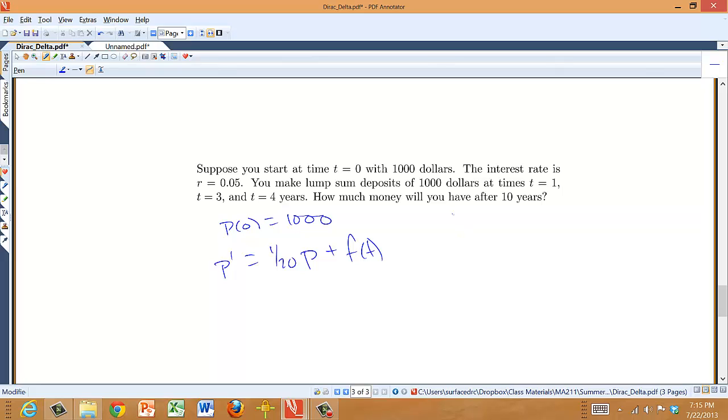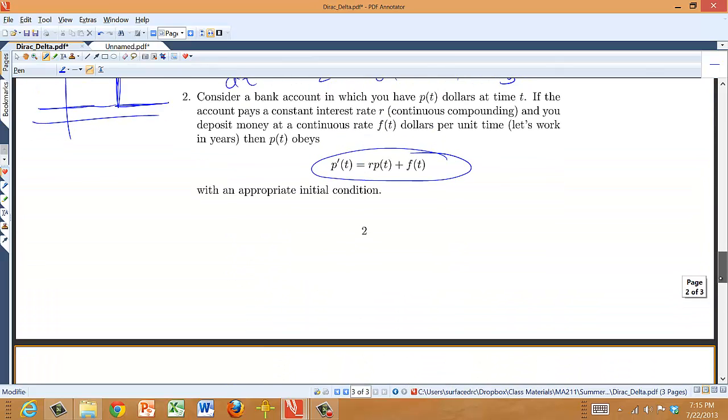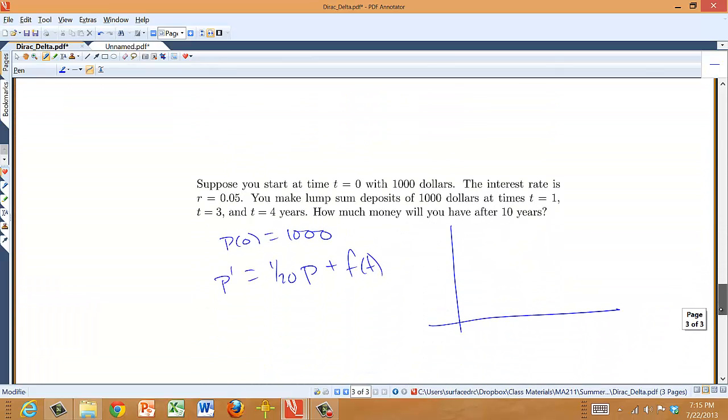adding money. So what's F of t look like? I'm not adding any money other than at times 1, 3, and 4. So here's time 1, here's time 3, here's time 4.